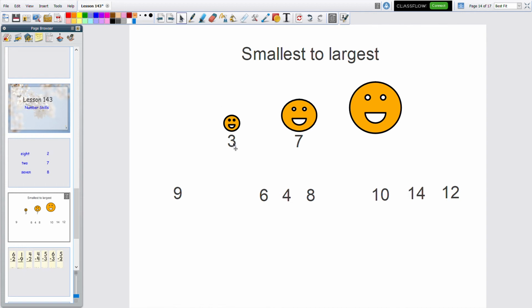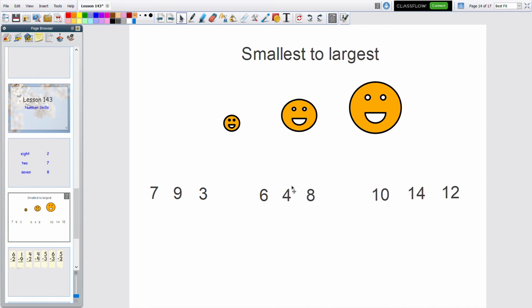So then that leaves this one for the biggest. So as we're counting, we would get to 3 first, and then 7, and then 9, because we're going from the smallest to largest. I'm going to put those back, see if it'll work. Hey, it did work.